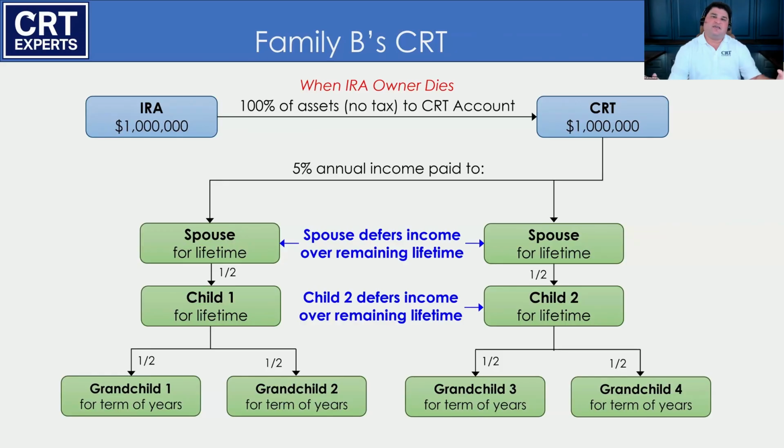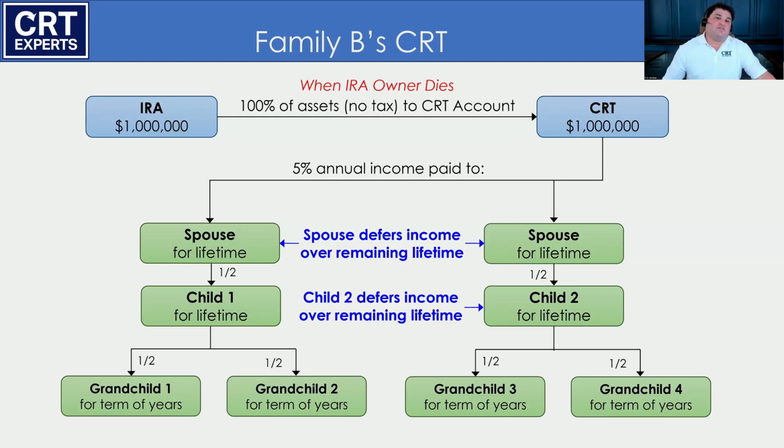If we use two CRTs and it's just the spouse as the initial income beneficiary and then each child as a successor, we have more mortality risk than using one CRT with both kids. So what we can do here, if the IRA owner is okay going outside of that bloodline, is use the child's spouse. What that will do is reduce that mortality risk.